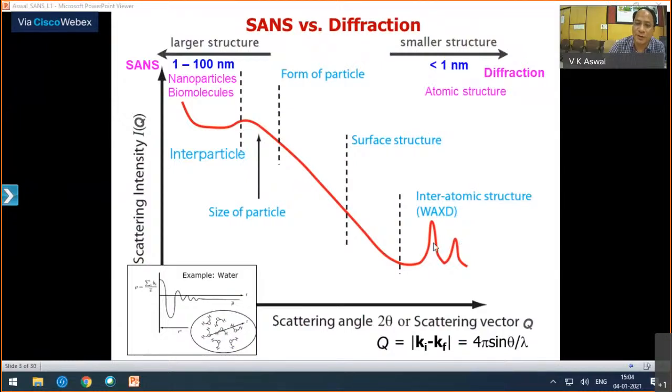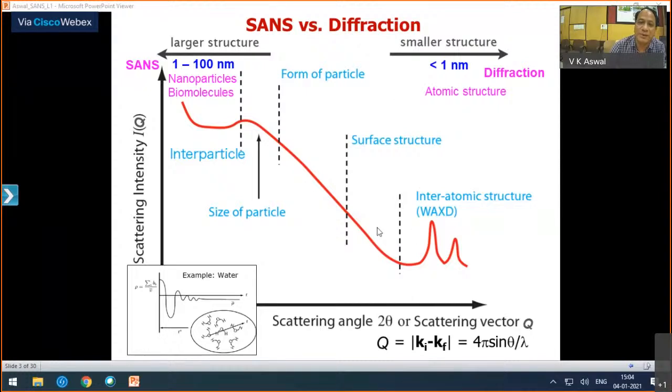And you already learned that you get these kinds of patterns when you are doing diffraction experiments.